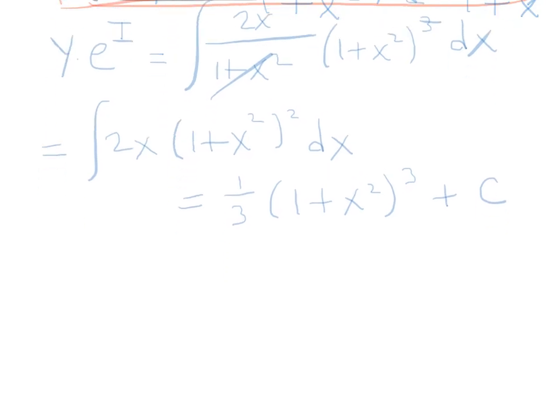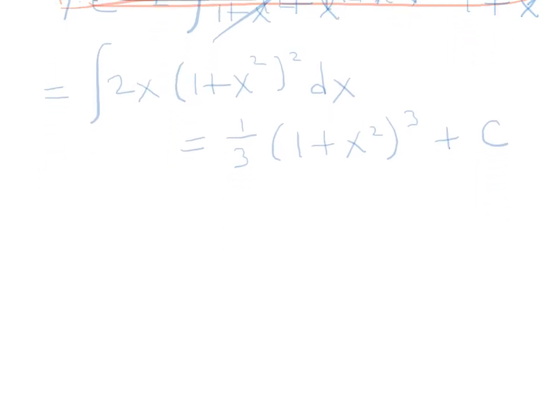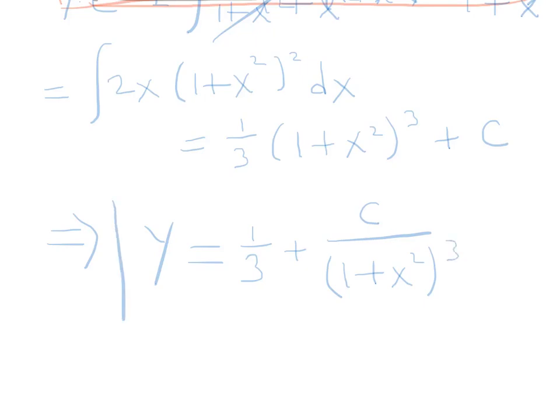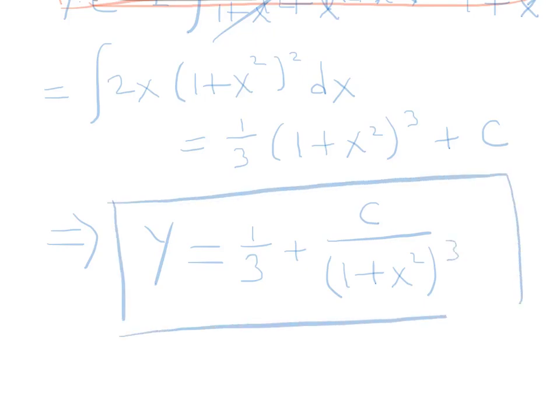We're almost home now. And this finally gives us, this is y by the way, 1/3 plus the constant we just mentioned over 1 plus x squared cubed. And that, you must admit, is pretty cool.